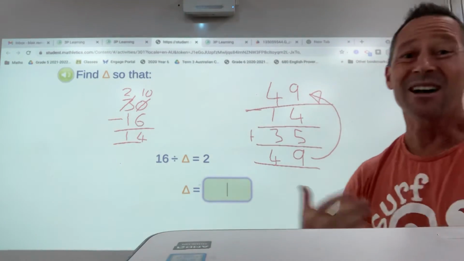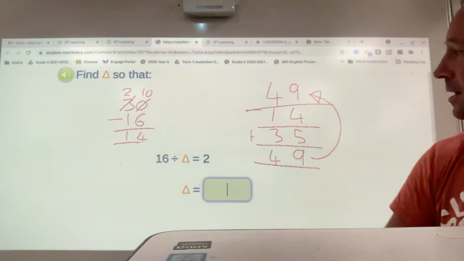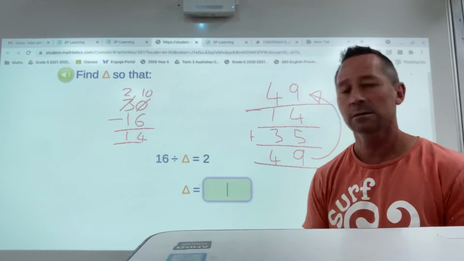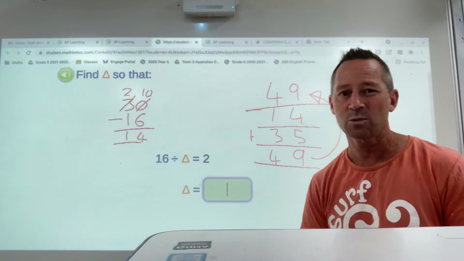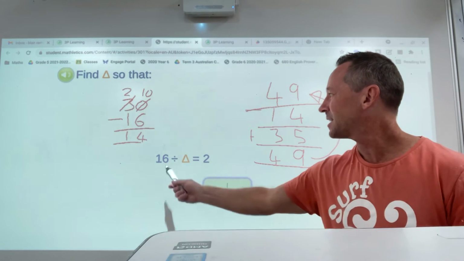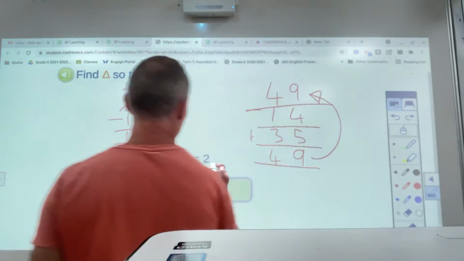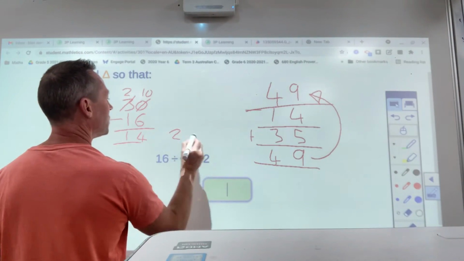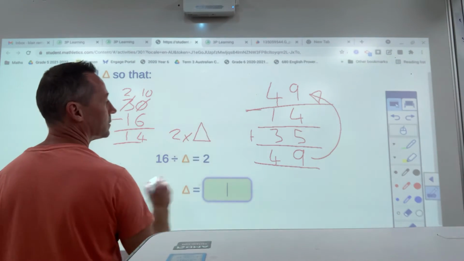Next one. Here we go. This is the one where we use the opposite to division. Which way would you do this one? 16 divided by something equals 2. Again, I could do 2 times something, or triangle, equals 16.